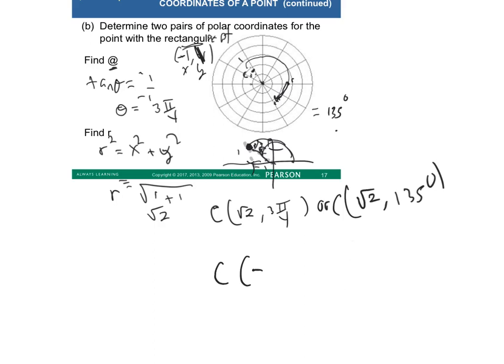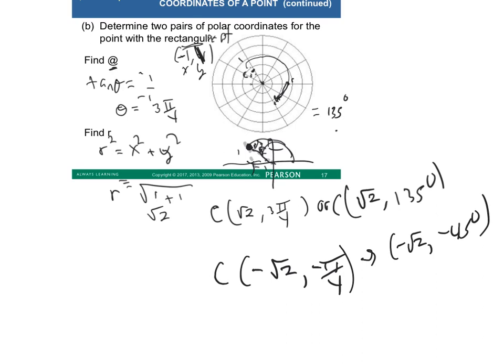Why do I keep reversing my... The r will be a negative square root of 2. But my theta will be a negative pi over 4. And there could be other answers too. So that would have been in degrees, negative square root of 2, comma, negative 45 degrees.